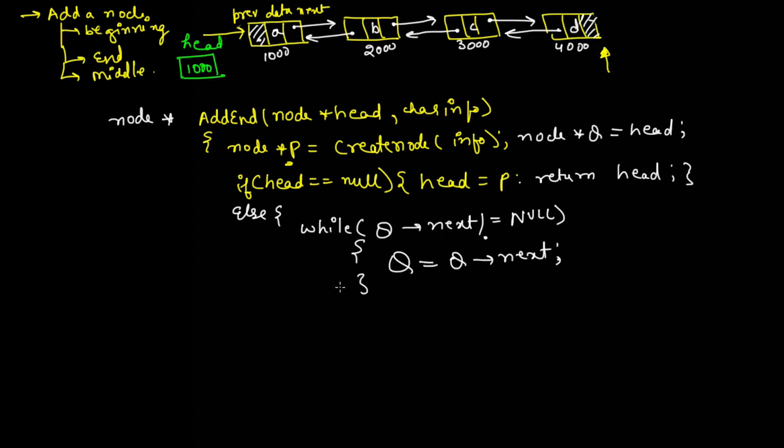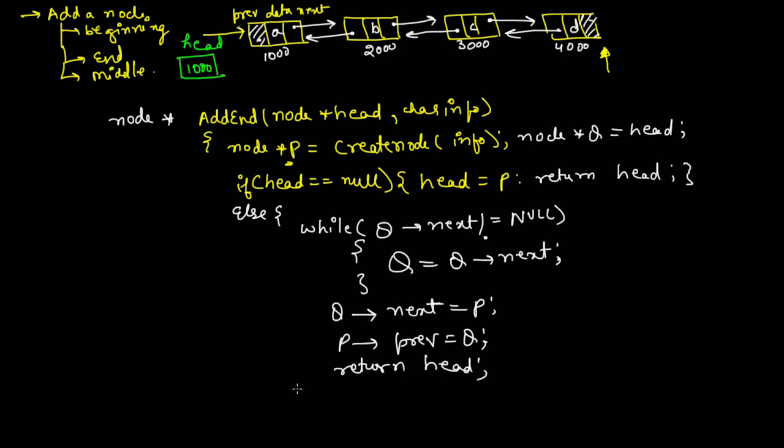After this you have to do q arrow next is equal to p, and p arrow previous is equal to q. Then in the end we will return head. So these will be our operations.